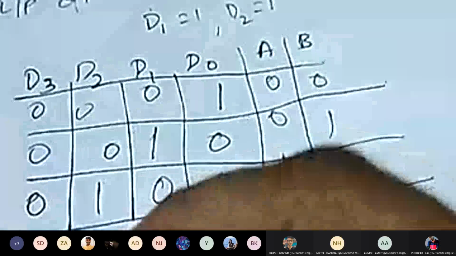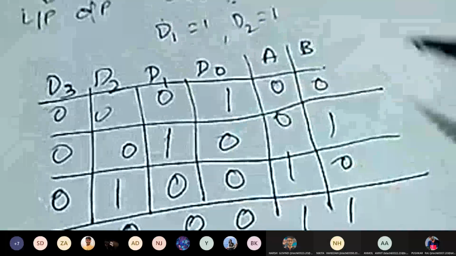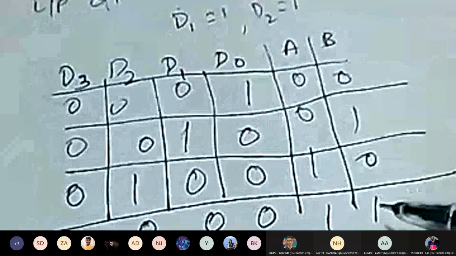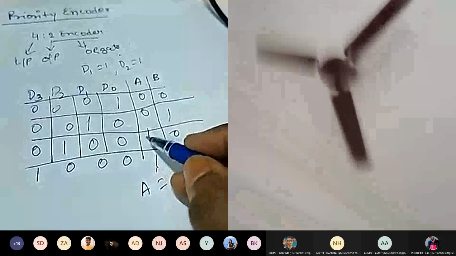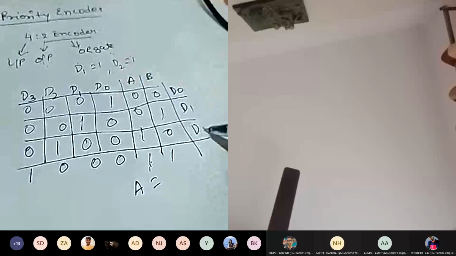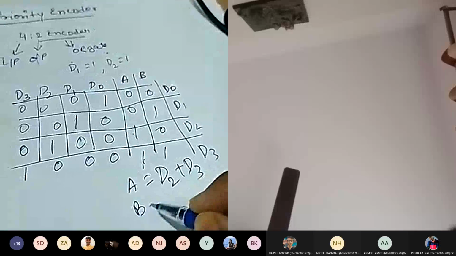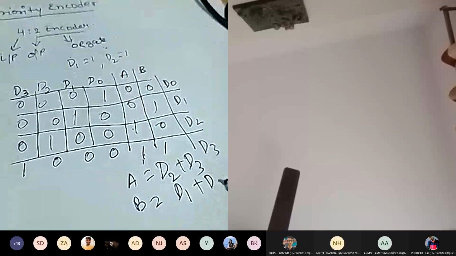And 11 means D3 is high and the rest are 0. You all know this one. So what will be the output for A? A will be D2 plus D3, and B will be D1 plus D3.